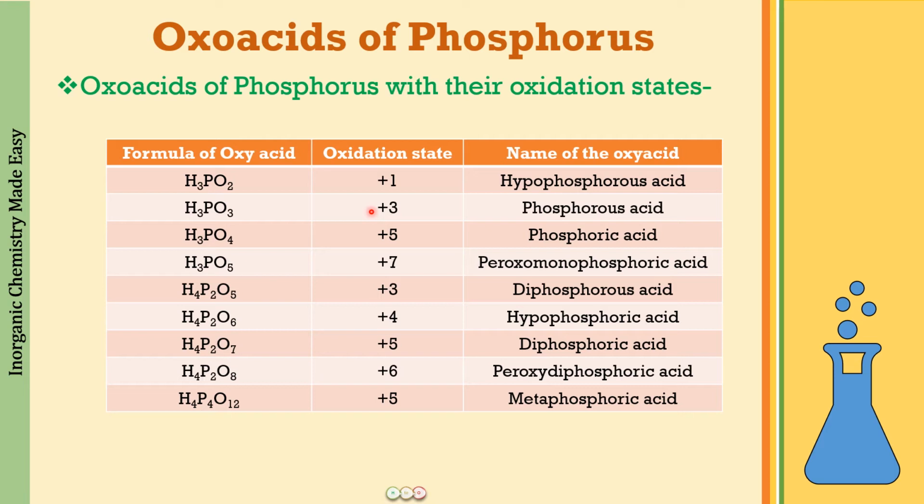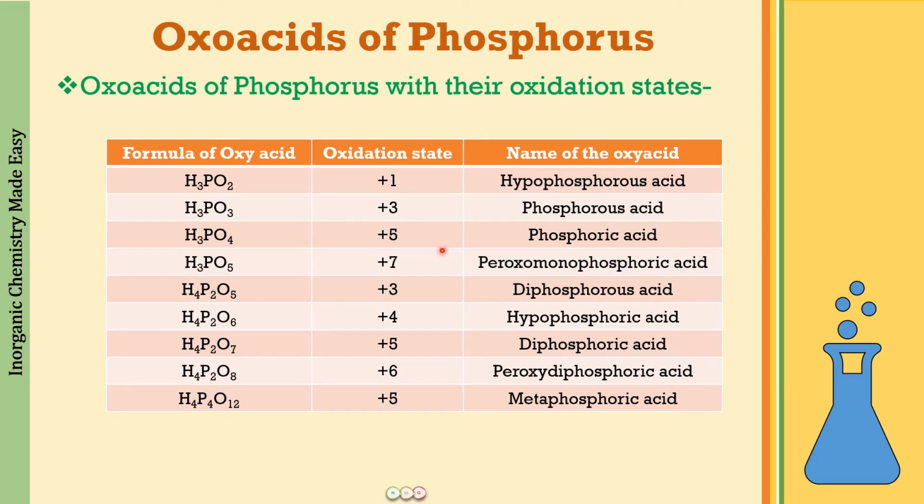Then we have hypo us acid, that is going to be further 2 less, because what you can remember is oxygen has a -2 oxidation state, and in all of these what you will be seeing is 1 oxygen is less. Phosphoric acid is going to be 1 oxygen more than phosphorus acid, and phosphorus acid is 1 more oxygen than hypophosphorus acid. So this is +1, this is +3, and this is +5.